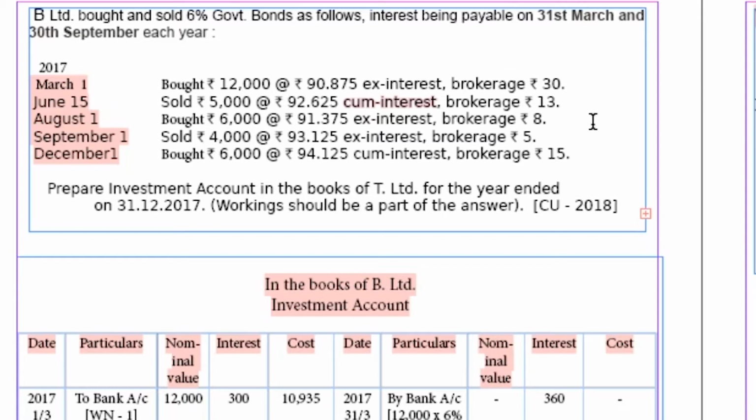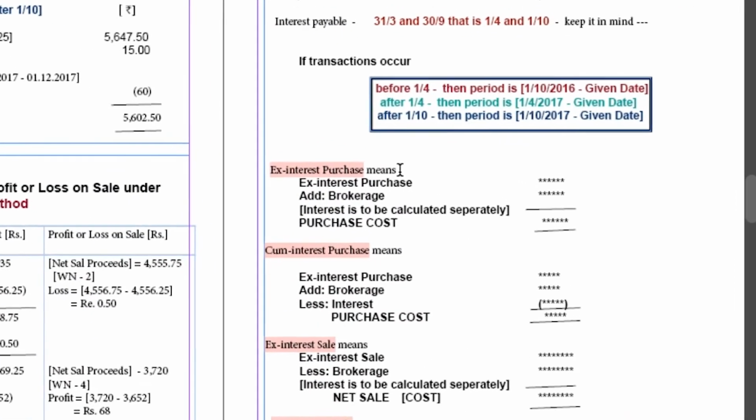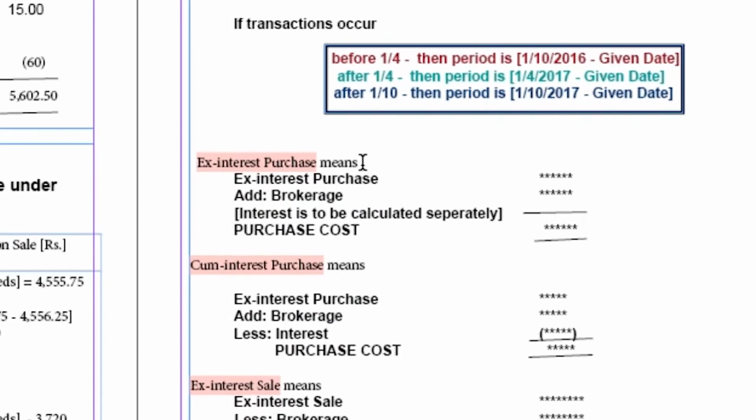Therefore, if it is happening before 1st April, then you have to take the period from 1/10/2016 to the given date, because before 1st April the transaction is happening. Therefore, the period will have to be taken from the previous year, that is 1/10/2016.